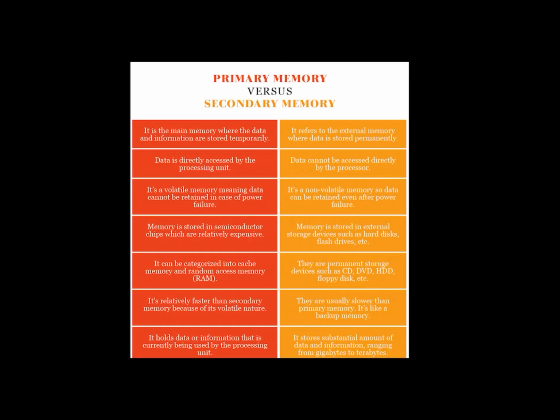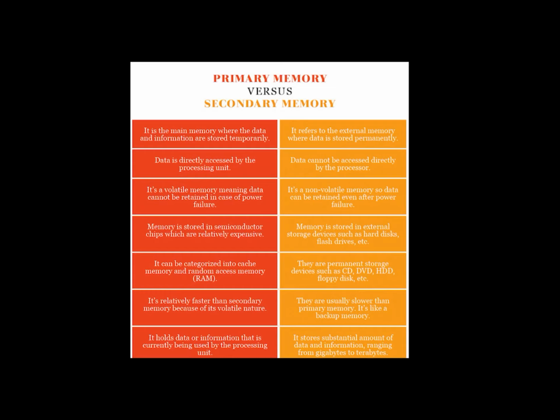Secondary memory is known as non-volatile memory, so data can be retained even after power failure, whereas primary memory is volatile memory, meaning that data cannot be retained in the case of power failure. In primary memory, data is stored in semiconductor chips, which are relatively expensive, whereas in secondary memory, data is stored in external storage devices such as hard disks, flash drives, etc.